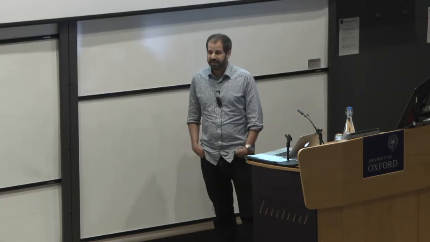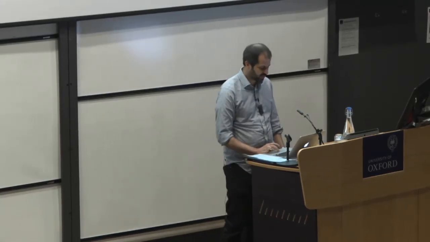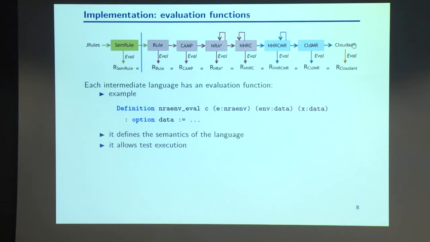So we build our compilation chain as a regular compiler, but in addition to that, for each intermediate step, we add an evaluation function. This evaluation function is going to be used to run some tests at each level of the compilation pipeline, and is also going to define the reference semantics for each language.